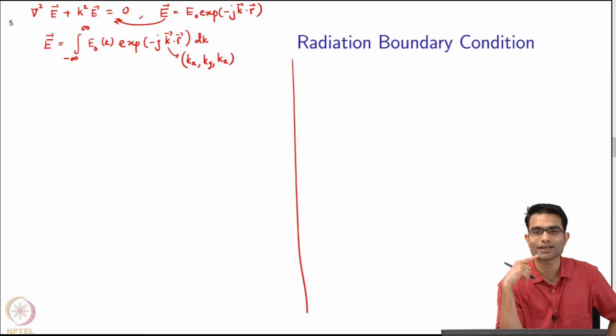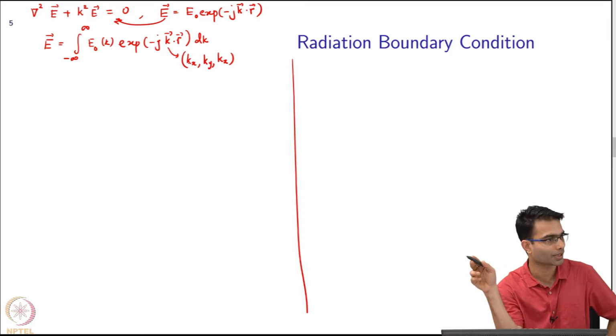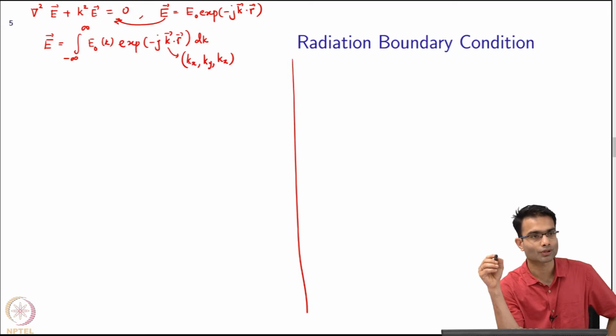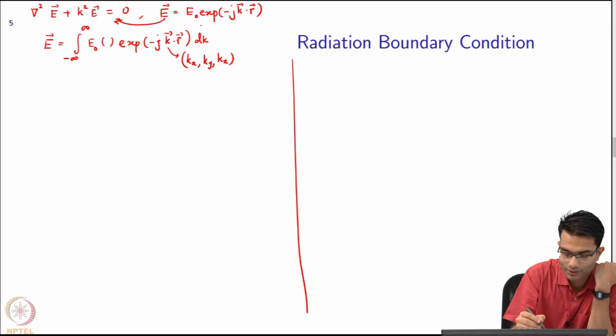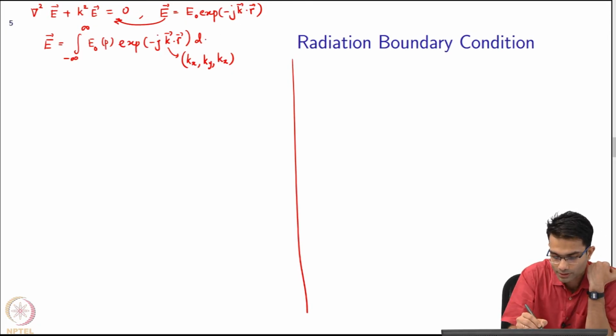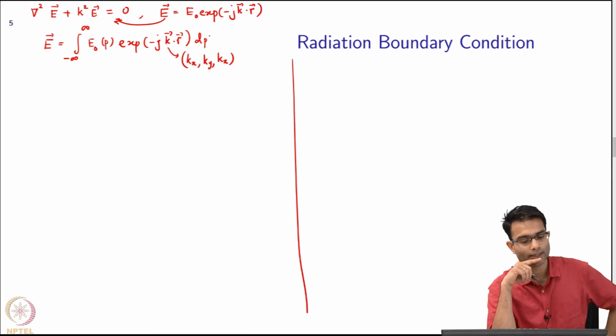The slight problem over here is that I am using k as both a variable of integration and the constant k in the equation. So, maybe that is a bad idea. Let's not use k, let's call this p, and let's call this p. Now, can I say that this satisfies, plus k squared.